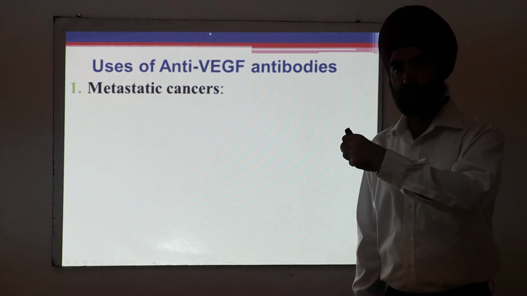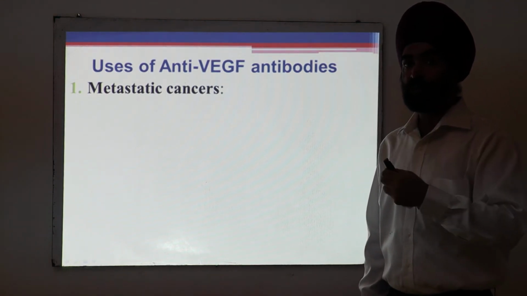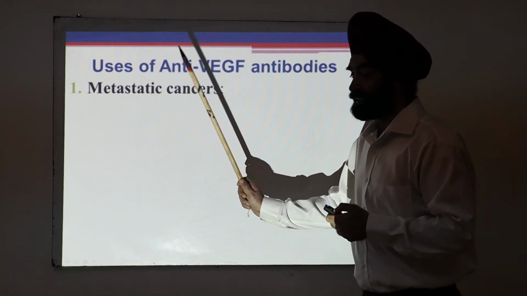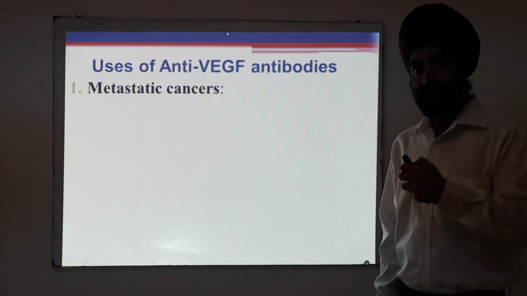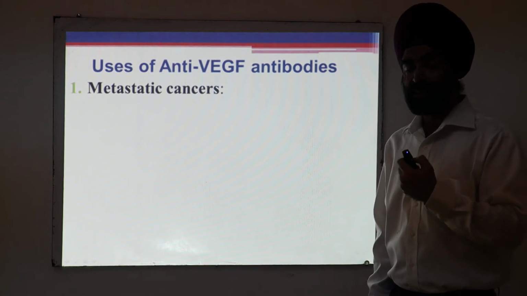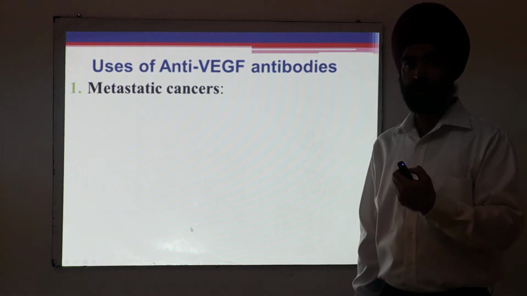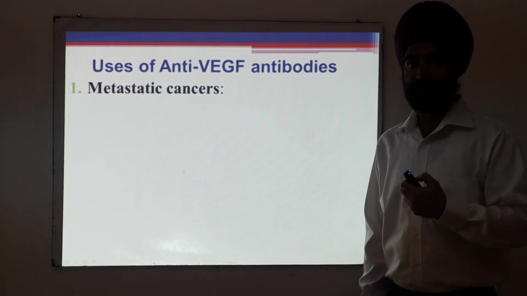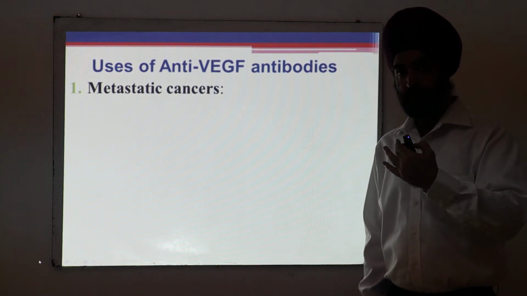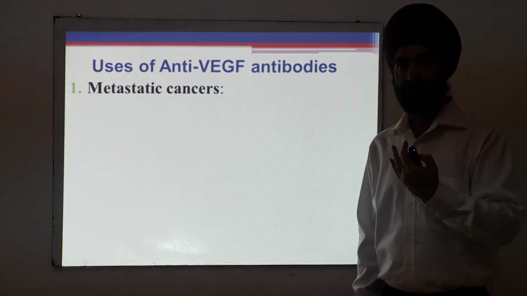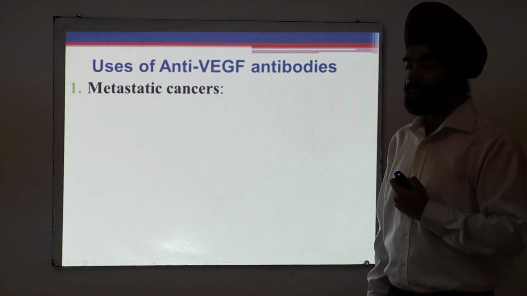It may also go into the bones, or into any other tissue. So it is identified that metastasis is ultimately dependent upon the growth of new blood vessels. If you overcome this new blood vessel formation process, then metastasis can be reduced.